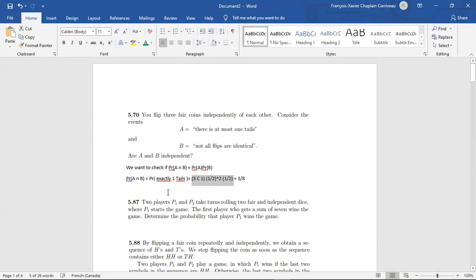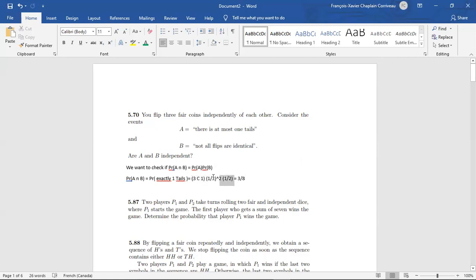You have 3 options, so you choose 1. And then the rest is heads. So you have 3 sequences with exactly 1 tail over how many different sequences of heads and tails. This is the probability of getting the tails. This is the probability of getting 2 heads. Right? So this is a binomial distribution.